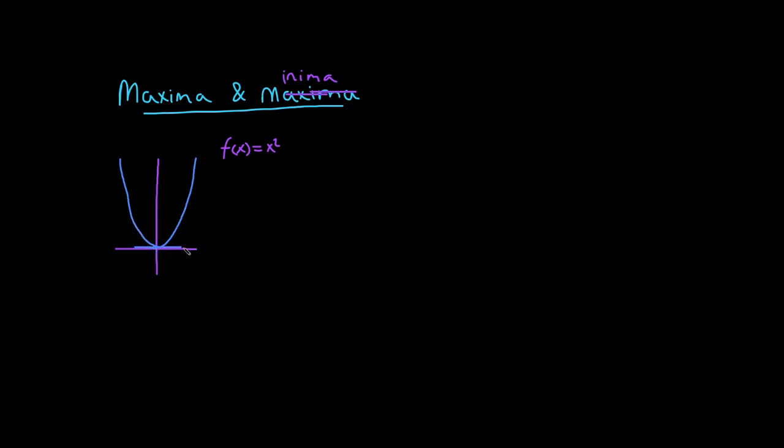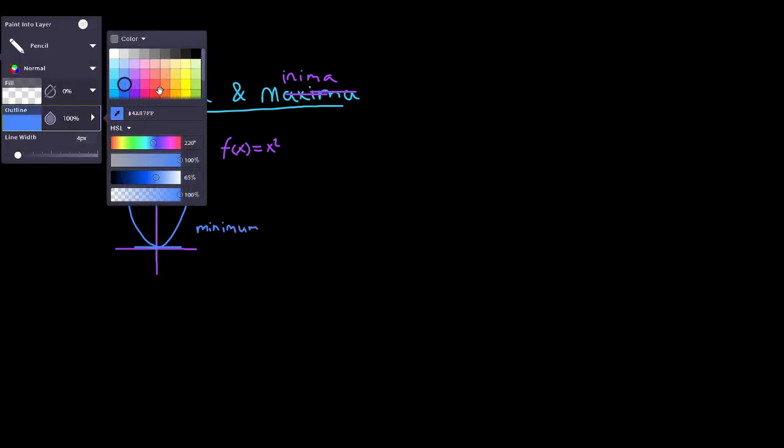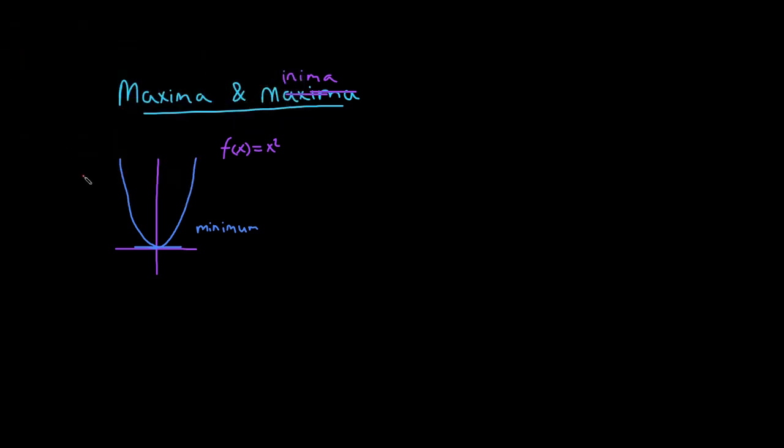It's its lowest point right here. That's what we call a minimum. And similarly, the highest point of a graph, like that for example, that's its maximum. And the plural of minimum is minima, and the plural of maximum is maxima.